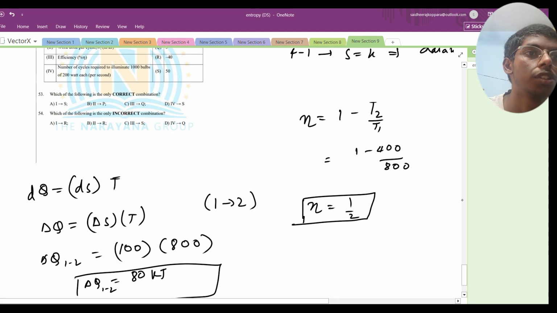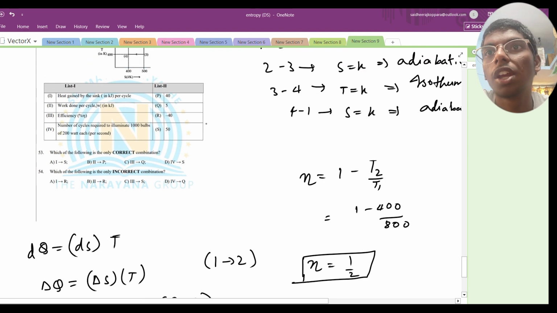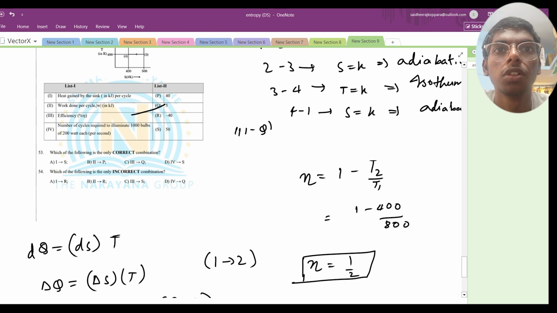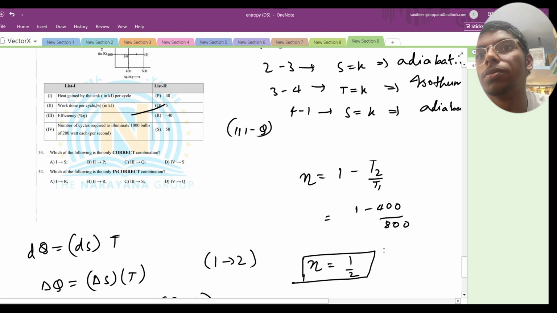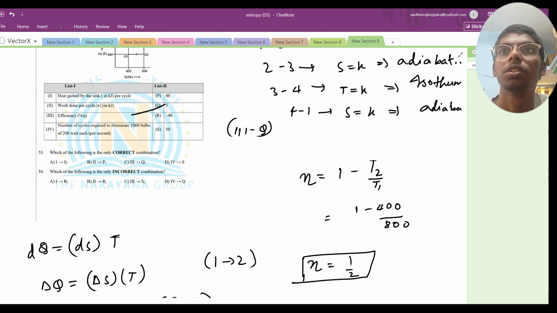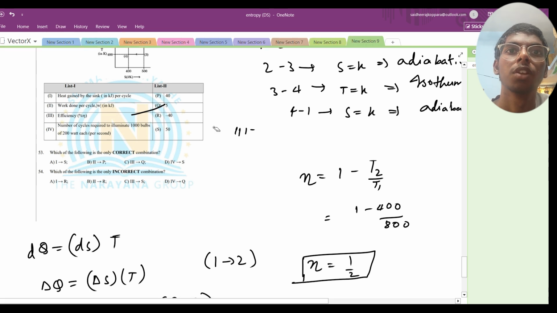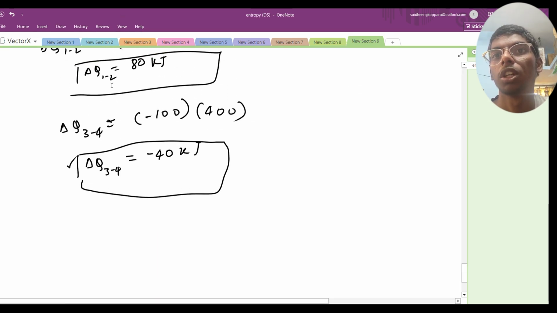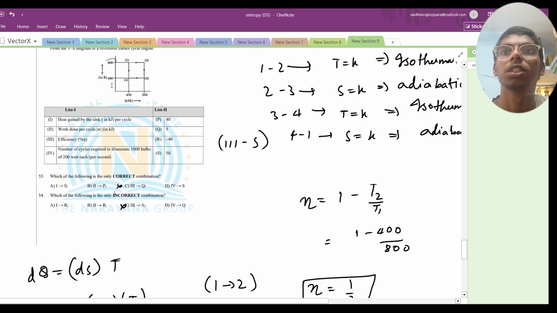With this you can match that your efficiency is 3 matches to s. So from this you can eliminate this, and from here you can eliminate this.